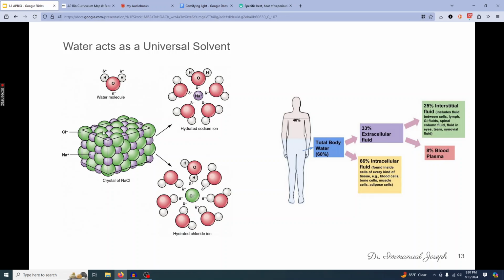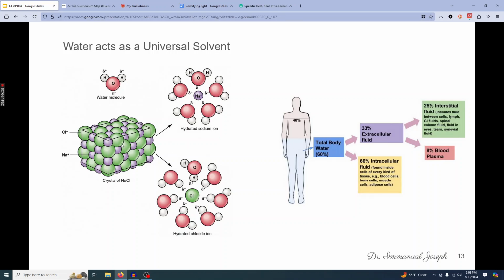As soon as you drop a crystal of sodium chloride in water, the partial negative charge of oxygen in the water molecules comes together around the positive charge of the sodium ion. And the partial positive charge of hydrogen in water surrounds the chloride ion, which is negatively charged.